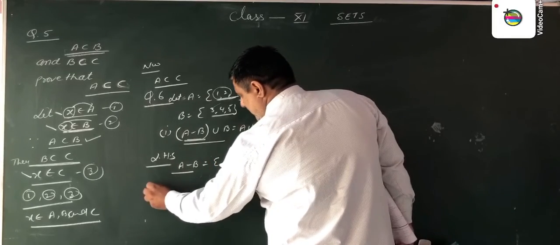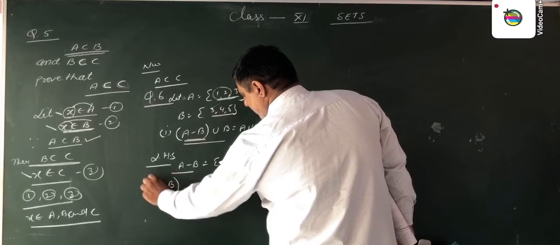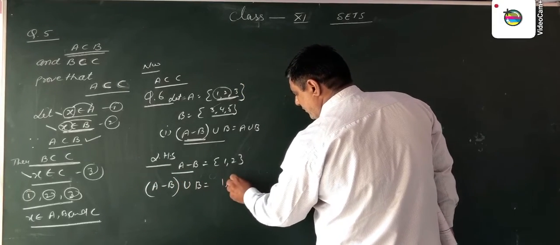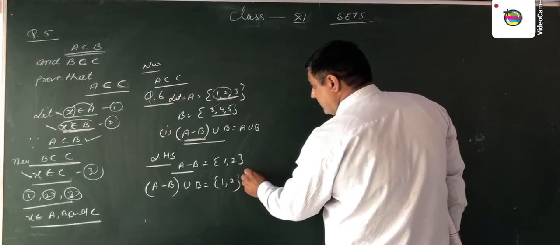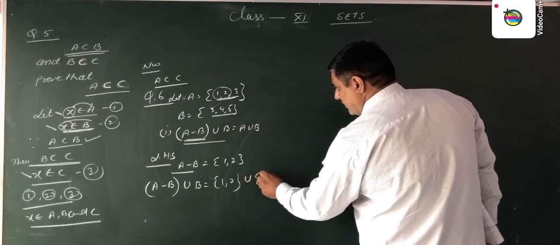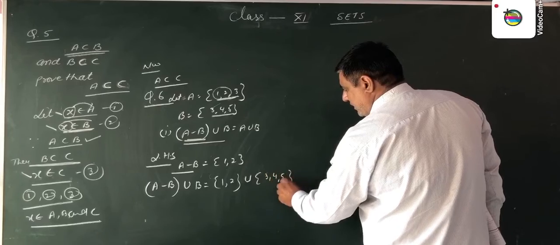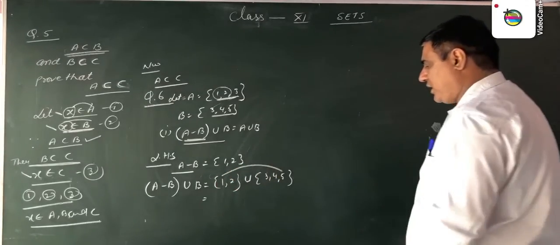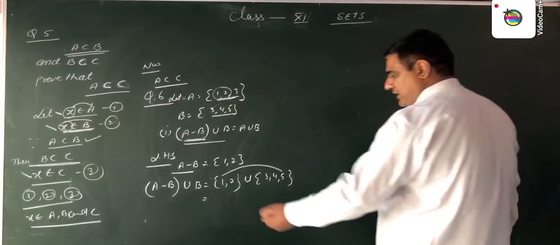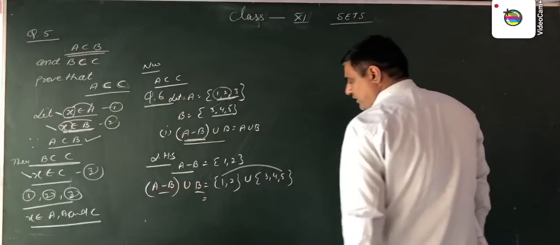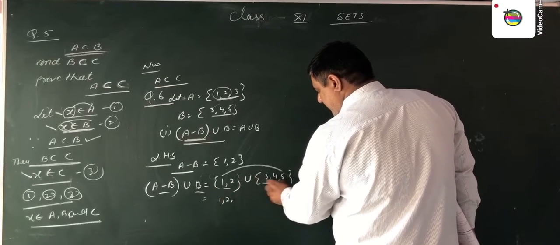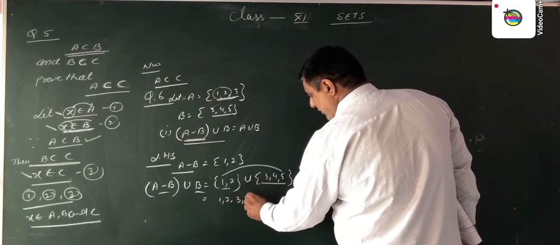Now we take A difference B union with B. Now the A difference B elements are 1, 2, union with set B. B is the set of 3, 4, 5. Now we take the union of these two sets. We take all elements of this set and set B. So now the elements of this set are 1, 2, and this set is 3, 4, 5.